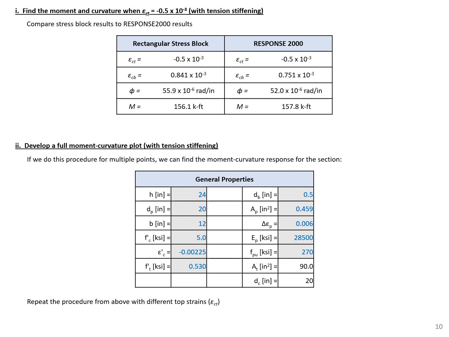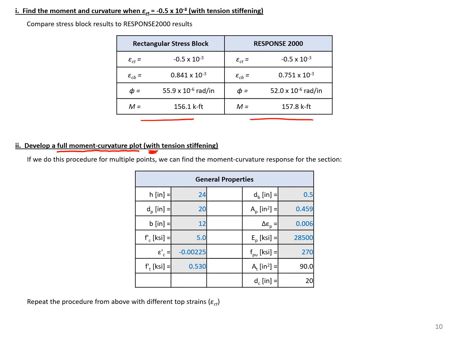We can compare, again, our rectangular stress block approach to our layered section approach using Response, and you can see we're similar, within about 5% still, which will typically be true for the rectangular stress block approach. The next part of the problem is, again, we'll develop a full moment curvature plot, this time with tension stiffening.